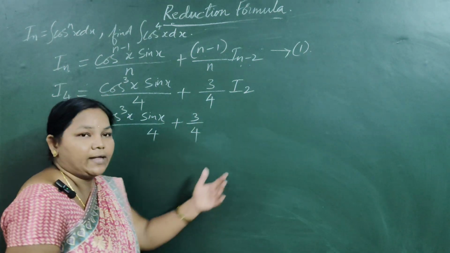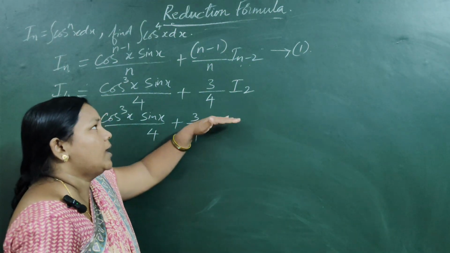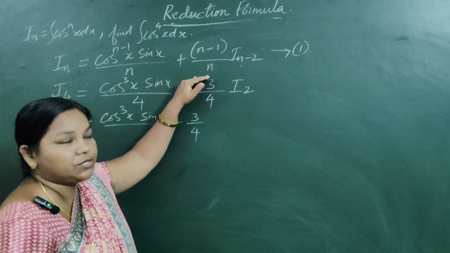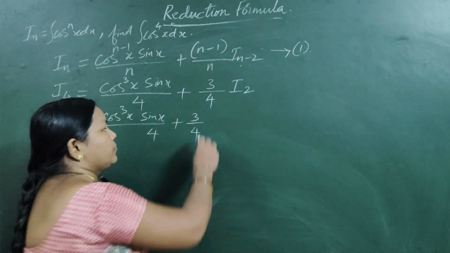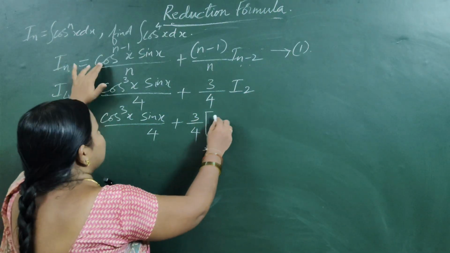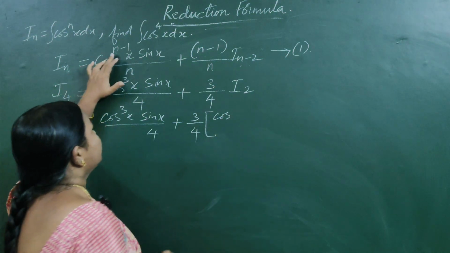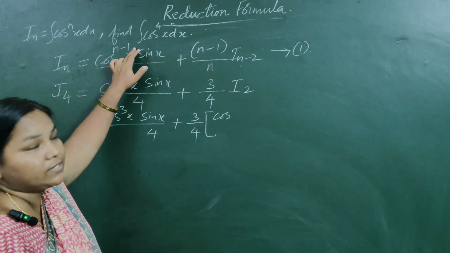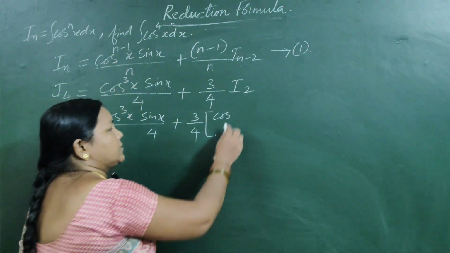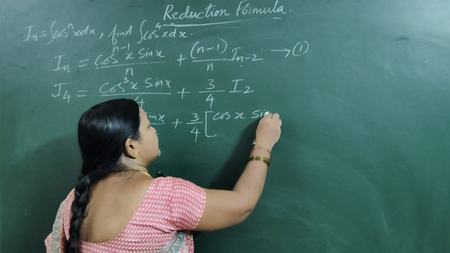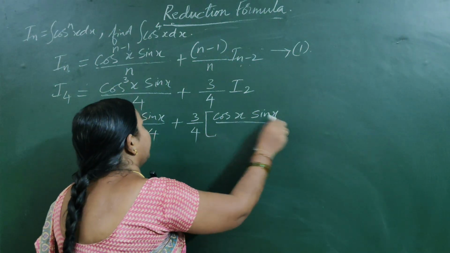Here we don't know the value of I 2. So again in equation 1, substitute n as 2. That is cos to the power of n, n is 2, 2 minus 1 is 1, that is cos x into sin x divided by n.